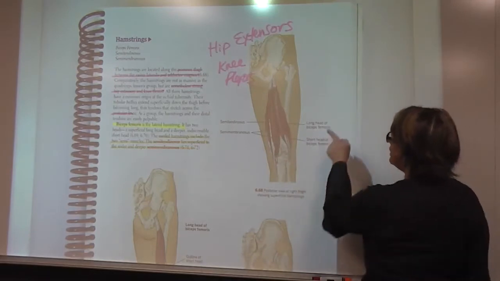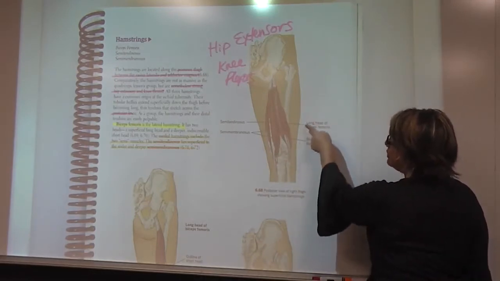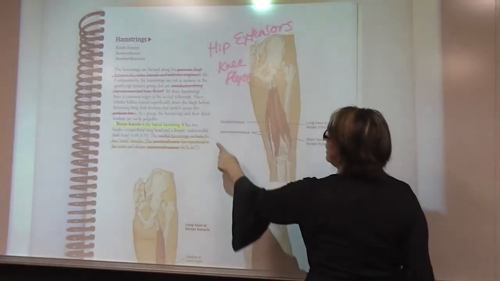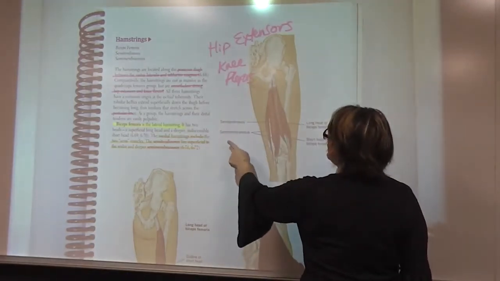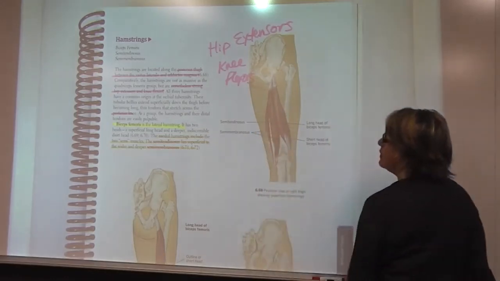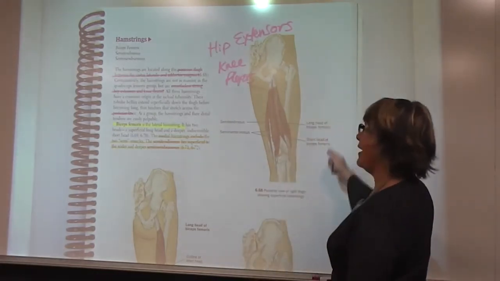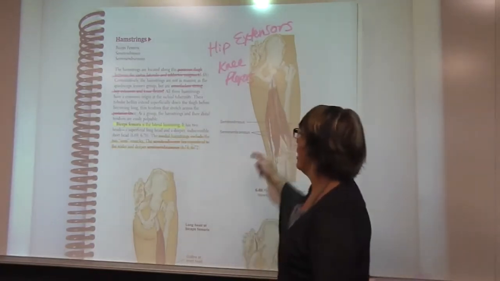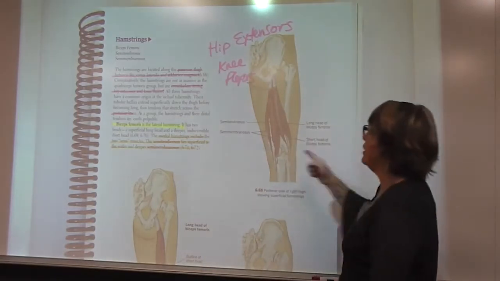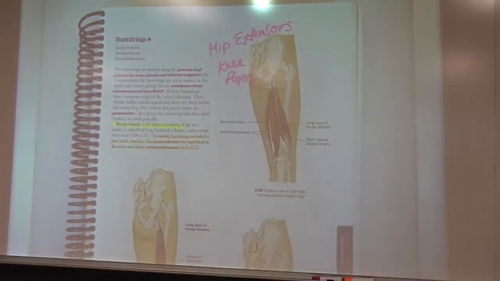You can see here we have the biceps femoris, and notice they're lateral. The two semi-muscles are on the medial aspect. So this at the top, biceps femoris lateral, medial hamstrings are the two semis. So if you remember they're medial and lateral, that will help you with their actions as well.